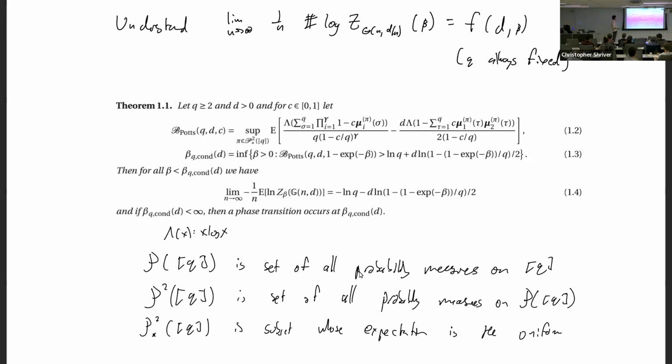One is a gamma. Gamma, which appears here and here, is just Poisson D. So that's kind of nice. And then you have a bunch of mu i pi's, which are independent samples from pi. Remember, pi is a distribution on marginals, so these are random marginals.